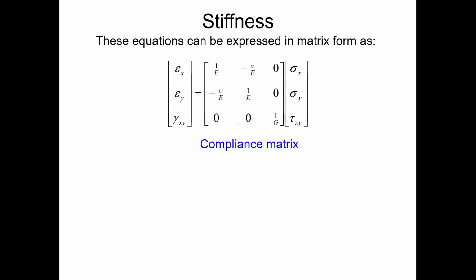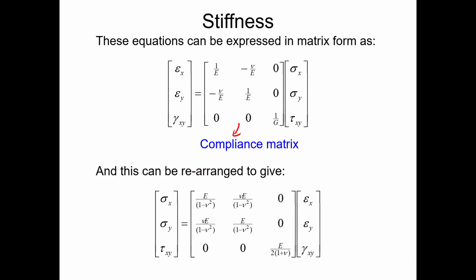Effectively, this is the compliance matrix. Compliance is the inverse of the stiffness, right? The higher the compliance means the softer the material. And this can be rearranged to give you the stiffness matrix.